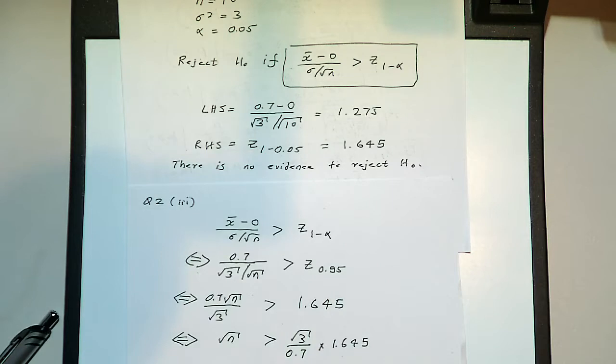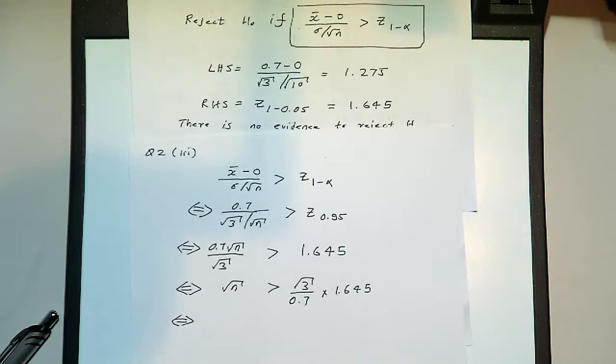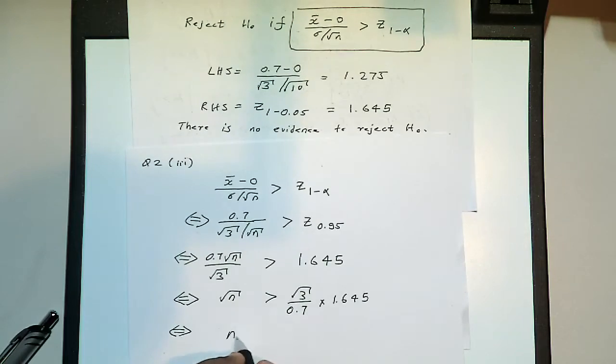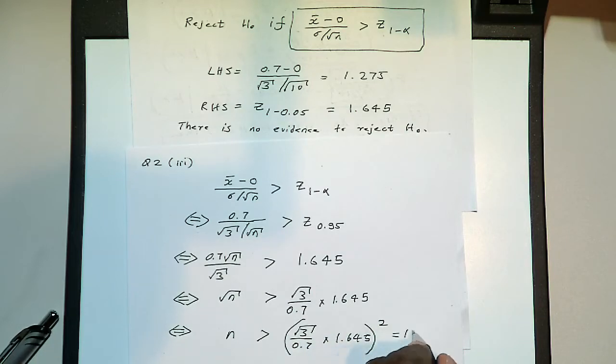Okay, so in order to figure out what n is, you need to square both sides, so you need to do this, right? And if you work this out, 16.5675. This is what you will get, right? So because n must be an integer, this is the same as saying that n is greater than or equal to 17, right?